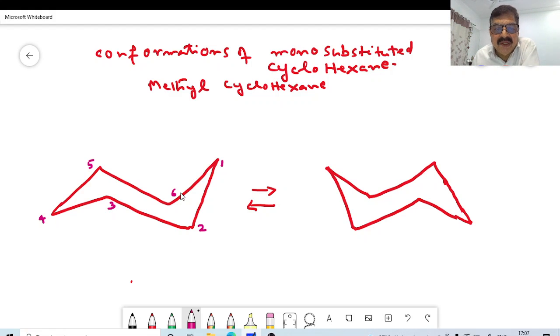The methyl group, we will put it in the axial position at carbon 1, C1. Okay. We will put it in the axial position here. One methyl group here. Then we will just put the hydrogens. Then here there will be a hydrogen at position number 3 and 5. These are the important hydrogens for us.